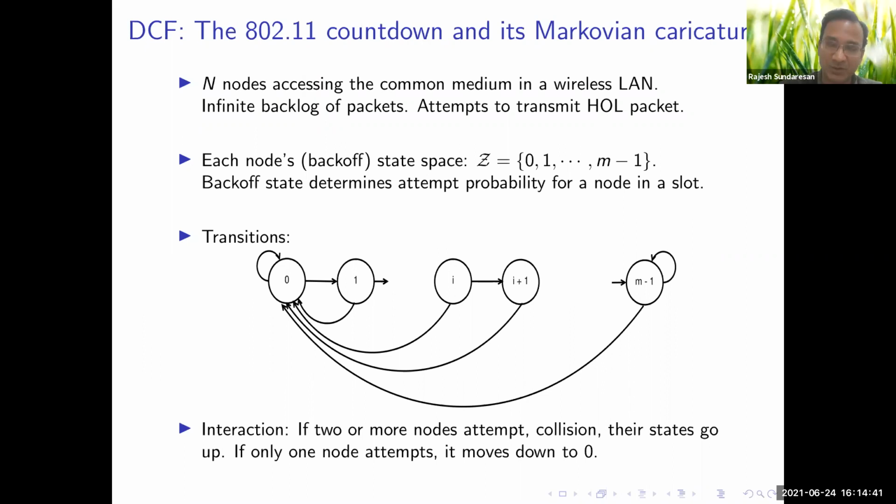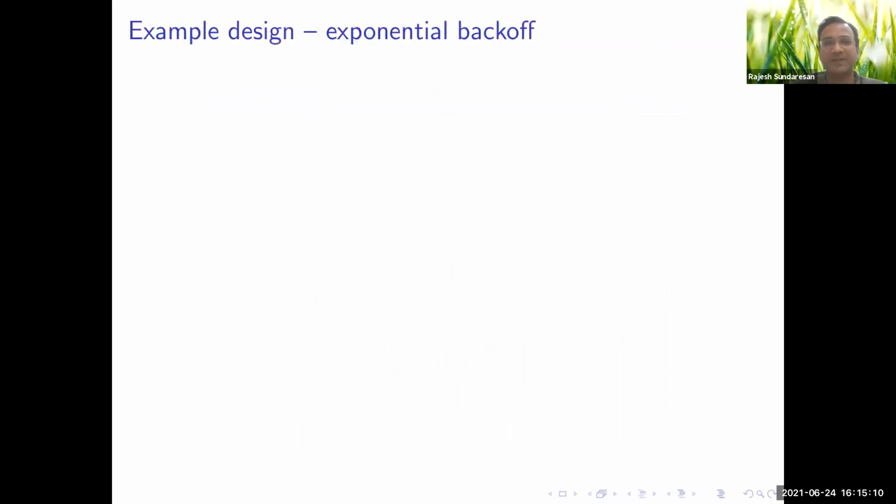These are called capture models in our literature, where you can actually look at the signal to noise ratio and try to make the best out of the packets, and you do succeed with some probability. I don't take that into account. In my simplified model, if two transmit simultaneously, I just assume that there is a collision and make them both go to the next state.